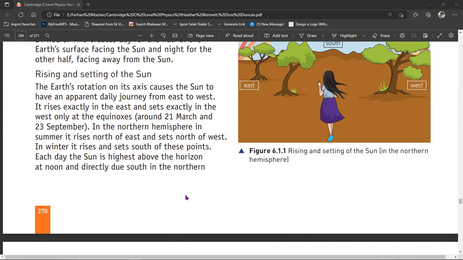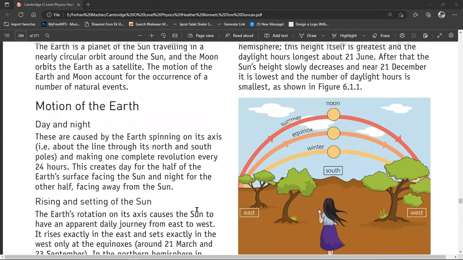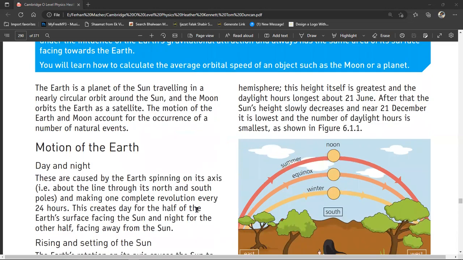Each day, the sun is highest above the horizon at noon and directly due south in the northern hemisphere. This height itself is greatest and the daylight hours longest about 21st June.